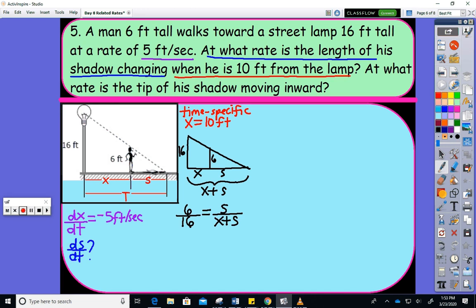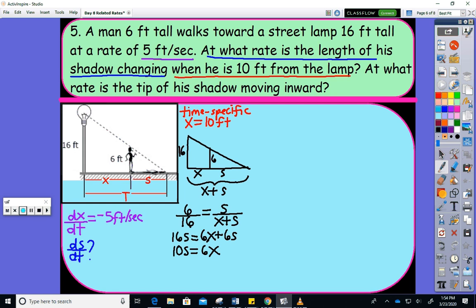So let me cross multiply and clean this up a little bit. I'm going to have 16s equals 6x plus 6s. I can clean that up even further and get 10s equals 6x.